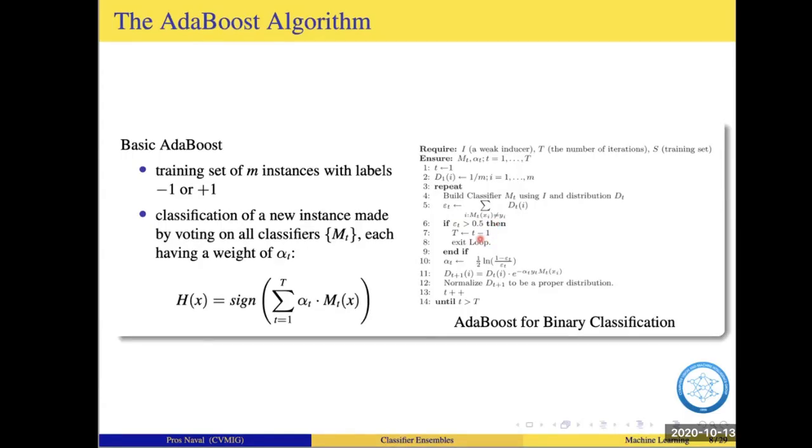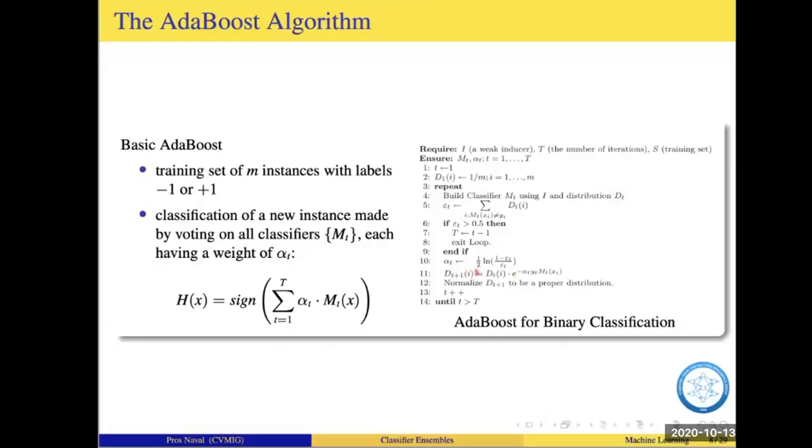And then if this epsilon is greater than 0.5, then you exit the loop. Otherwise, you continue.